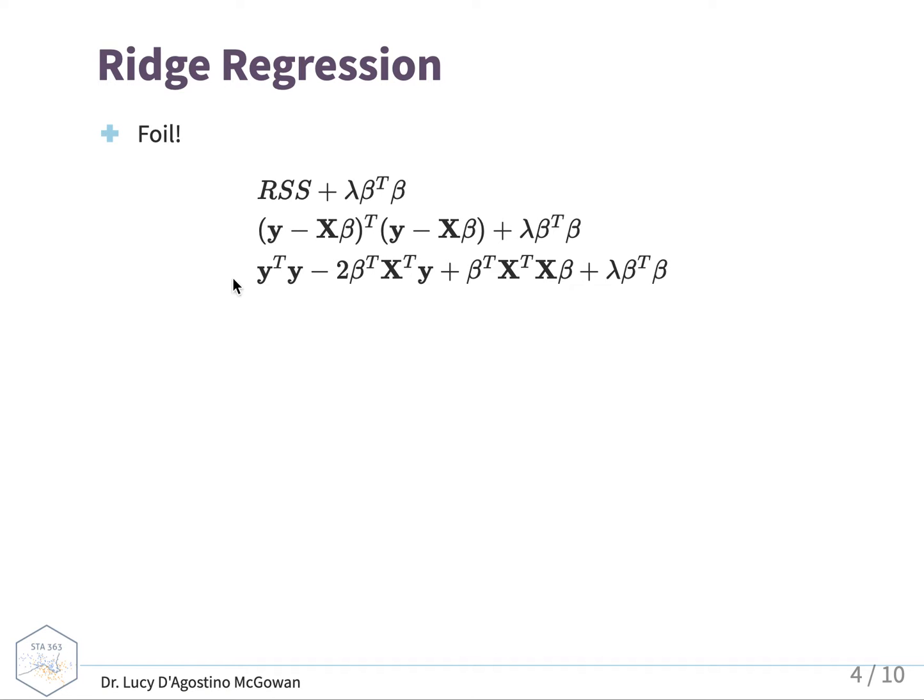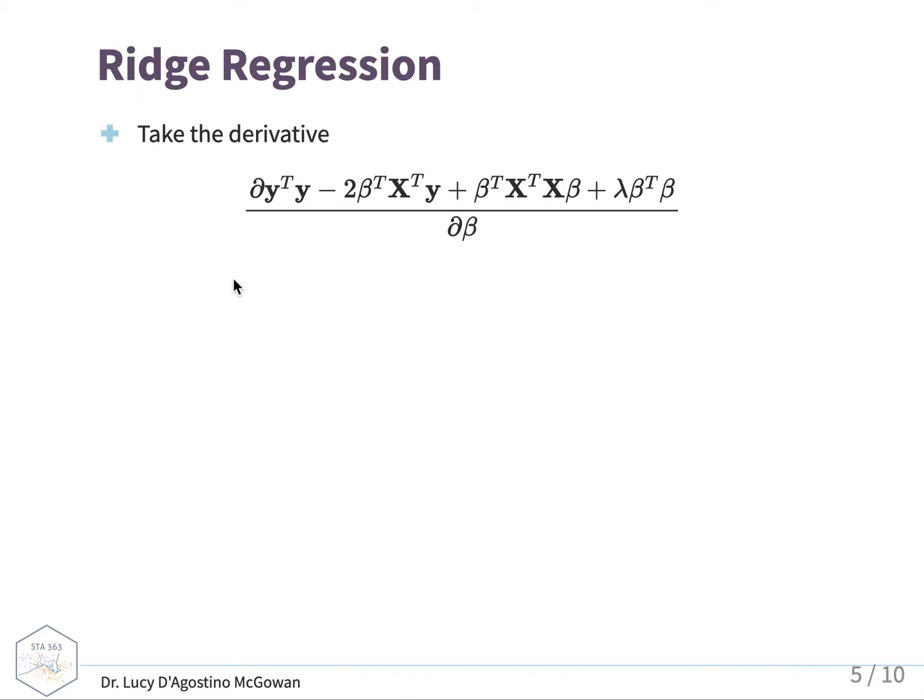What is the next thing we do when we're trying to derive a beta estimate? We take the derivative. So let's take the derivative of this whole thing with respect to beta. Of course, the derivative of y transpose y with respect to beta is just 0, so that goes away. The derivative of -2 beta transpose x transpose y with respect to beta is -2 x transpose y.